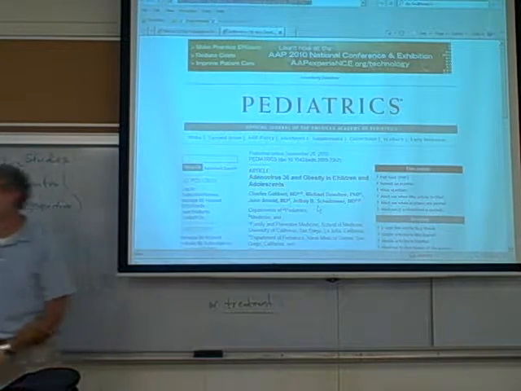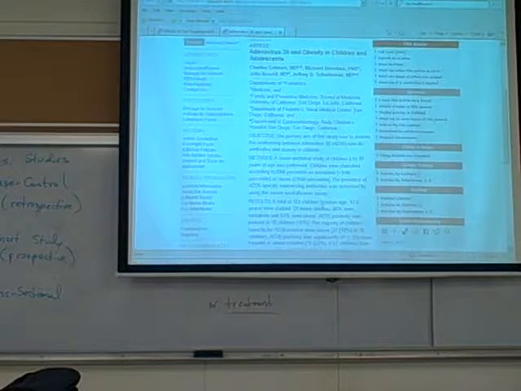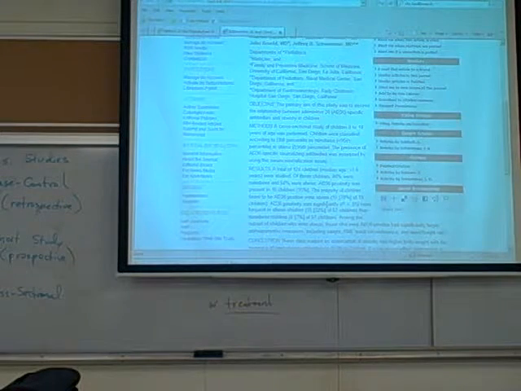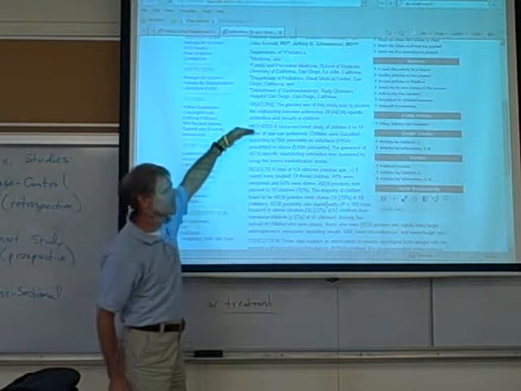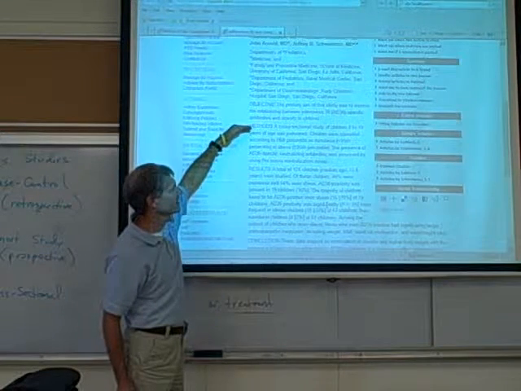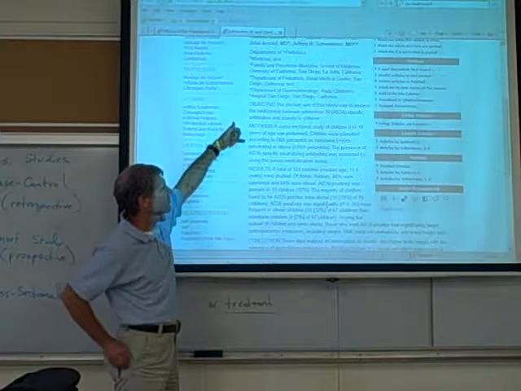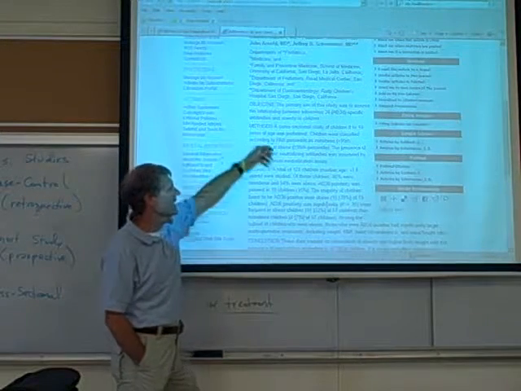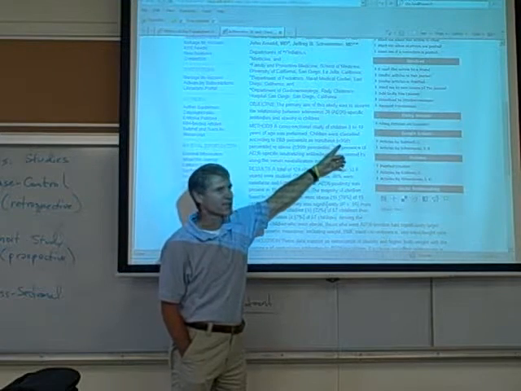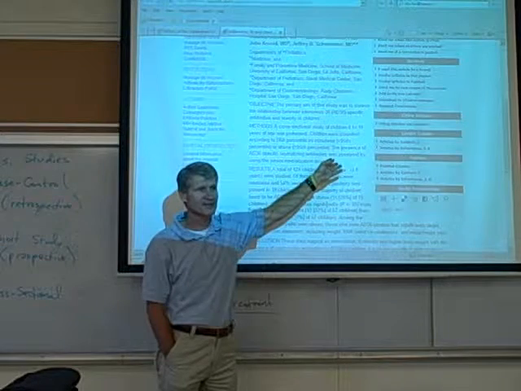I think in here, they talk about the design of the study in a little more detail. Oh, there it is. Methods. Can you read that? A cross-sectional study of children 8 to 18 years of age was performed. Children were classified according to BMI percentile as non-obese if they were less than the 95th percentile. Remember percentiles?